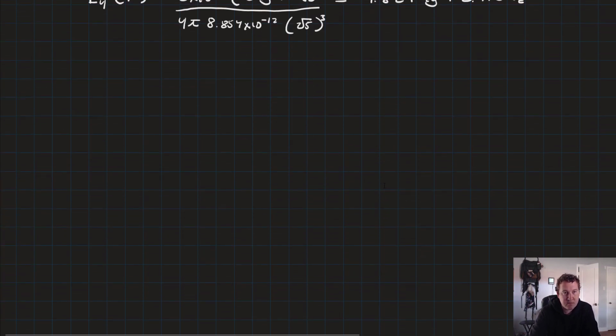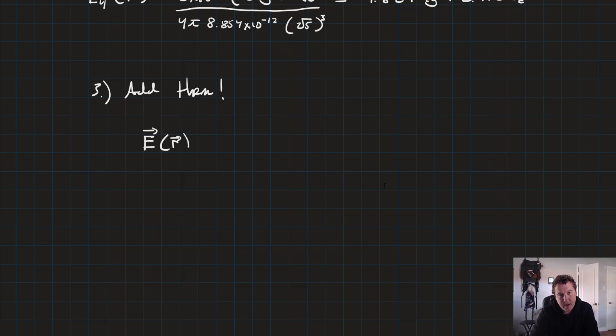Now, that was the tedious part. Step 3, add them. So we'll see that the entire electric field at point R is equal to E1 plus E2 plus E3 plus E4.